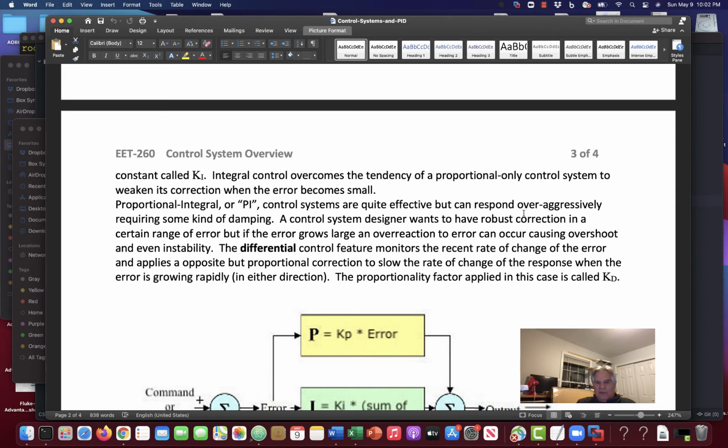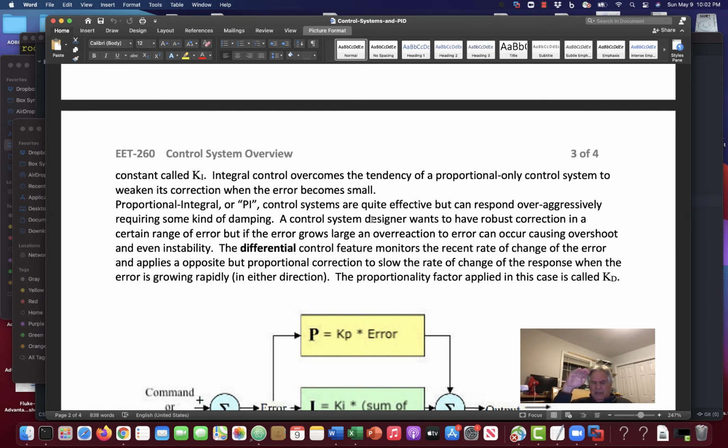They can be quite effective. A lot of temperature control systems will be proportional integral, because proportional by itself may get you close, but you might not really get the temperature exactly where you want.